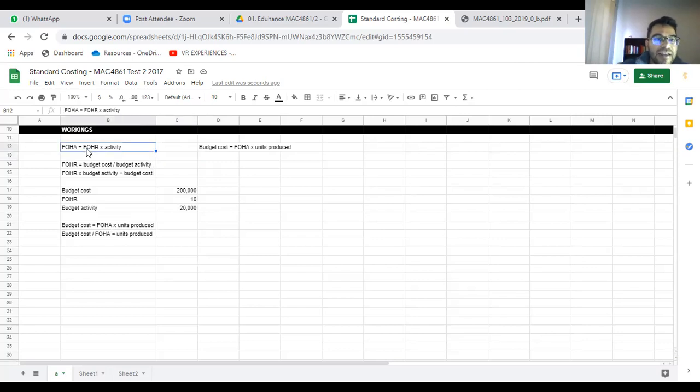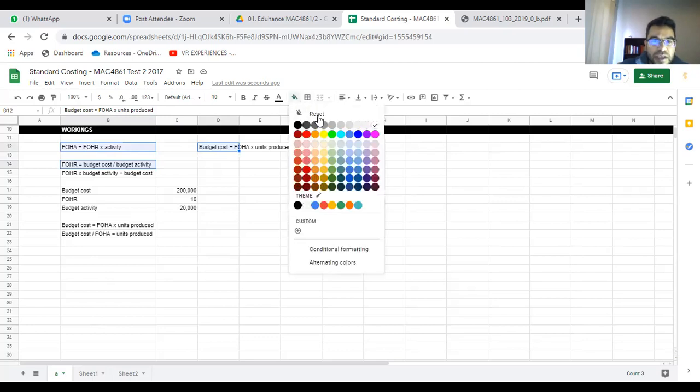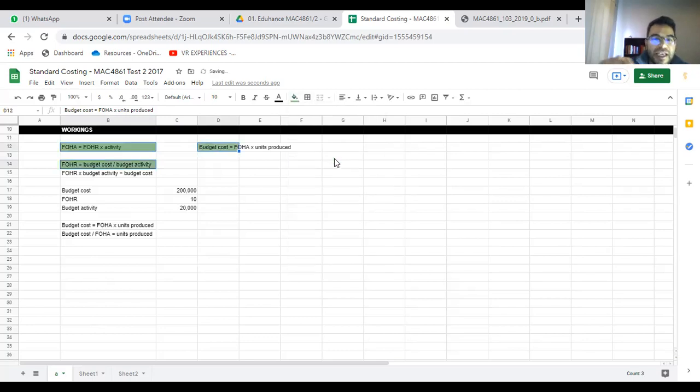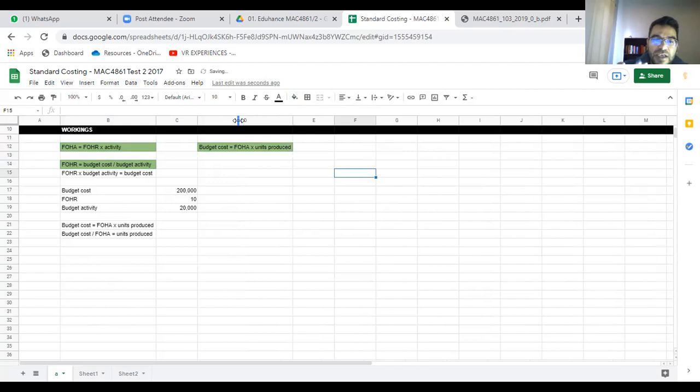So I'm going to highlight in green the formulas you want to be able to know. These formulas highlighted in green, make sure you know them and you can manipulate them to get what you want. These formulas highlighted in green are critical. Maybe very small marks, but they play a huge role for the rest of the question, so indirectly, it's a lot of marks.